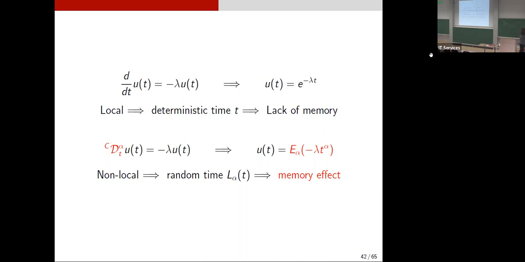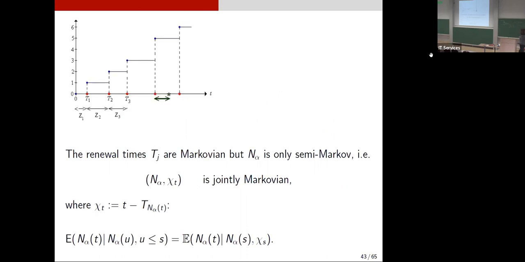We have that the interarrival times are no longer exponential, but can be described by the Mittag-Leffler distribution, and this introduces a memory effect in the process. So it is still a renewal process. So at times t1, t2, t3, when a new event arrives, the process starts anew again.